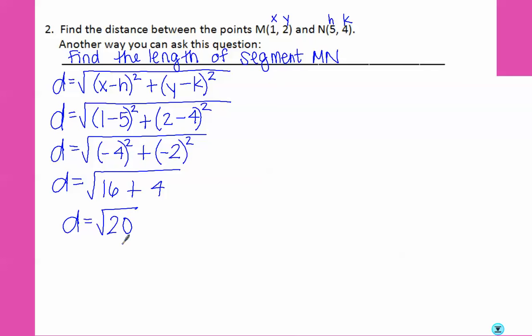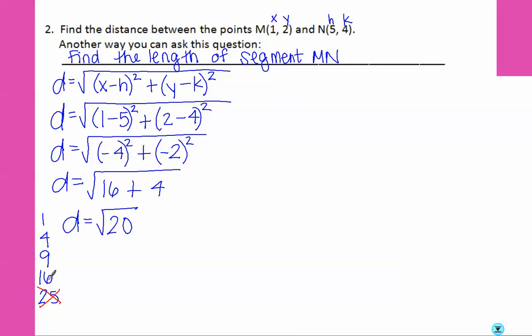We want to find the biggest perfect square that 20 is divisible by. So let's review some of the perfect squares. 1 squared is 1, 2 squared is 4, 3 squared is 9, 4 squared is 16, and 5 squared is 25. I'm going to stop there with my squares because 25 is bigger than 20, so that's not going to be helpful.